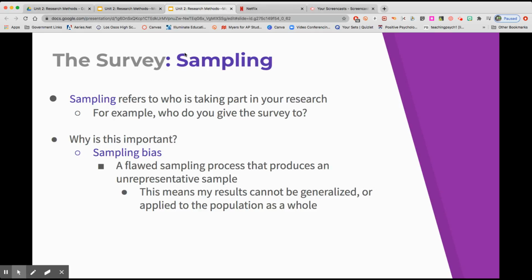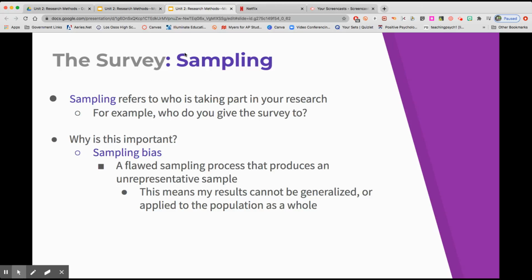So sampling bias is a flawed process that produces an unrepresentative sample, meaning it does not represent the population, meaning the group of people I'm trying to figure out their ideas. And what that means is if I ask only Democrats or only Republicans, my results cannot be generalized. You may want to highlight or underline that.